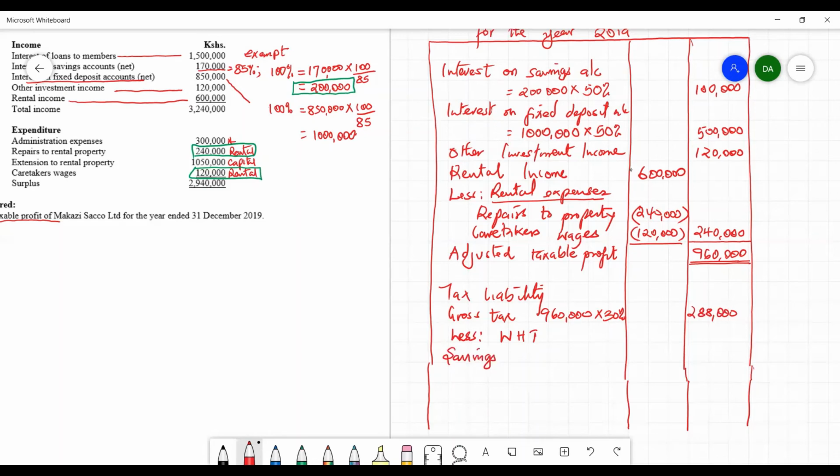On interest on savings account, the withholding tax is 15% of 200,000, which is equal to 30,000. And withholding tax on fixed deposit account is equal to 15% of 1 million, which is equal to 150,000.